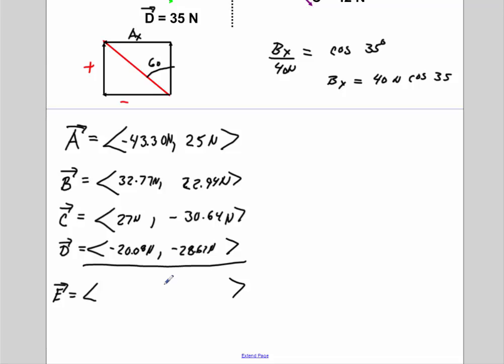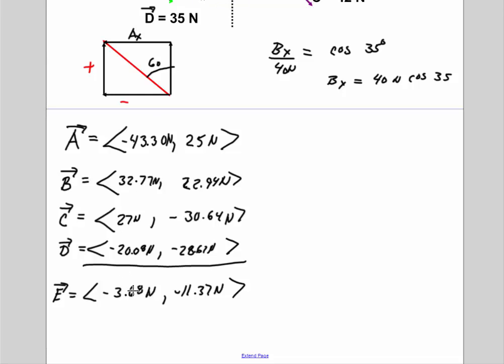That gives me a value of minus 3.68 newtons. We add this column up. 25 plus 22.94 minus 30.64 minus 28.67. That gives us minus 11.37 newtons. Alright, those are components.